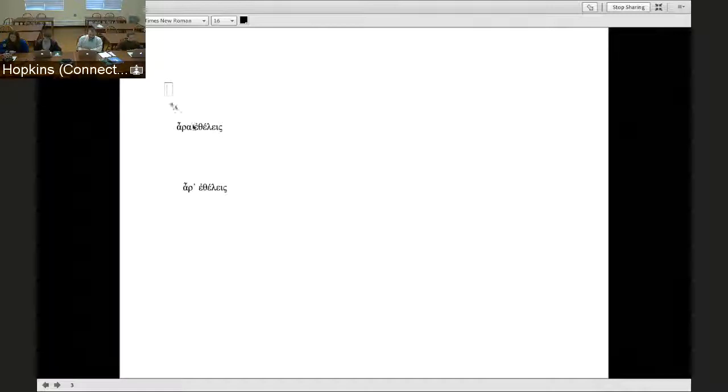So let's look at this example right here. I'm trying to make this larger. Okay, this example over here, kata holos, where holos means entire.